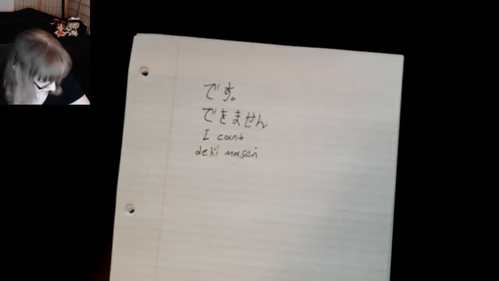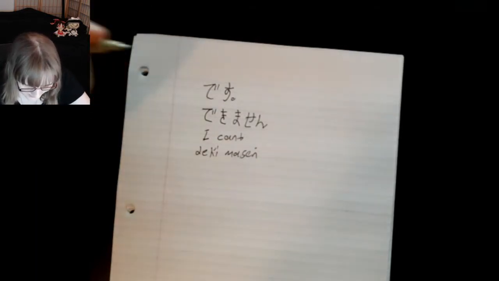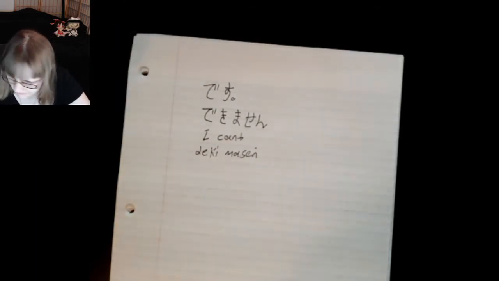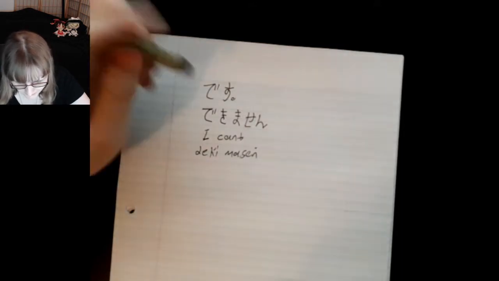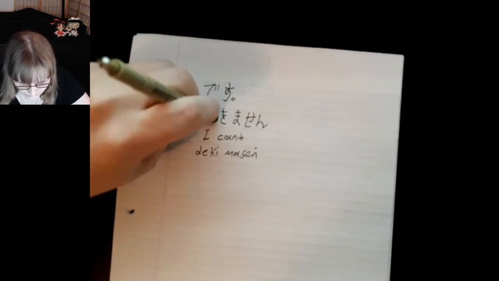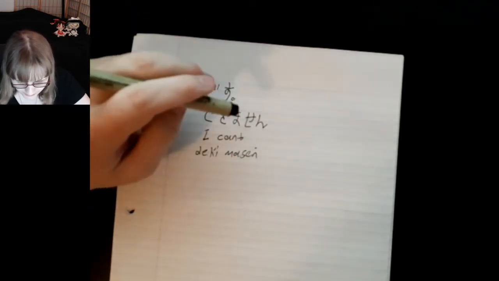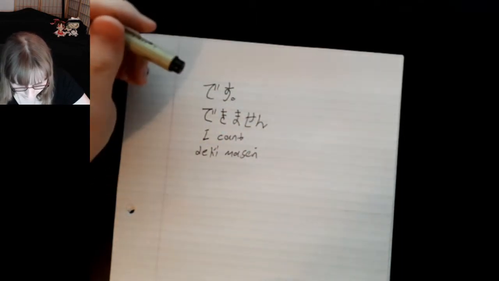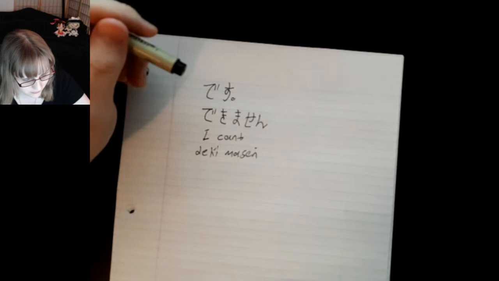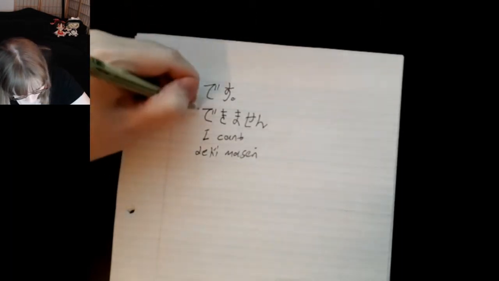Dekimasen. And that is one of the only times I can think of off the top of my head when desu would come before a verb, in this combination, dekimasen, deki. Actually, technically, this tense isn't a desu tense.